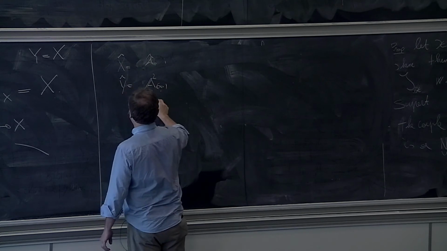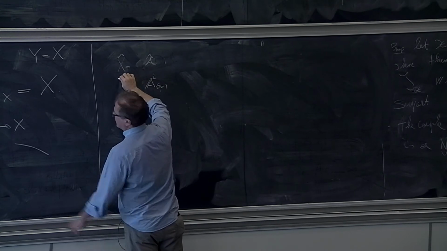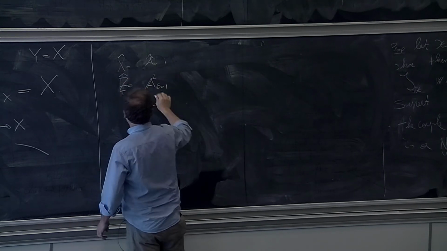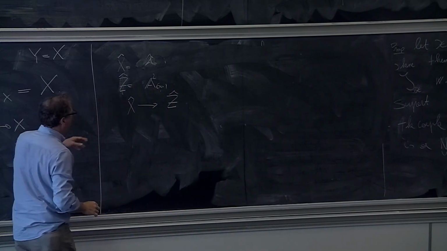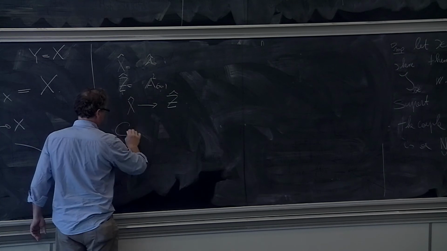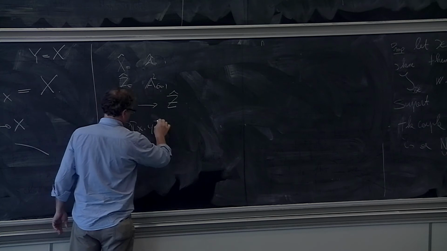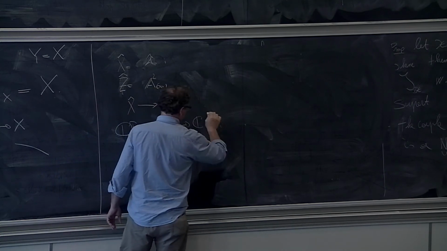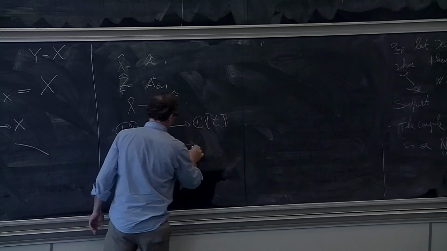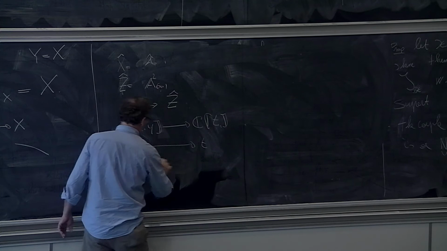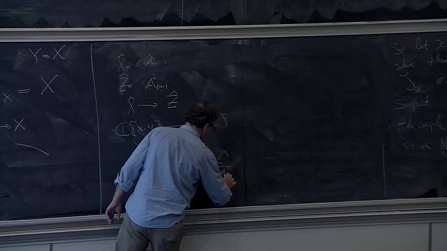From X, I call it Z, to Z, and this map will be given by a map which sends X to T and Y to the sum of t to the power n over n factorial.